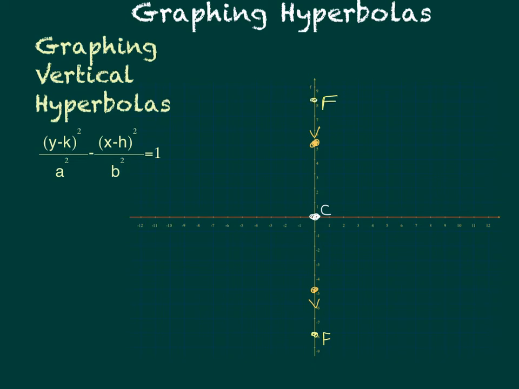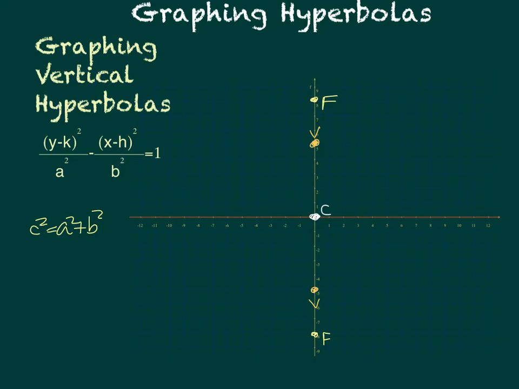I don't know exactly where they'll be, but you'll figure that out with regards to your c squared equals a squared plus b squared, same as it was on the other one. And then the next thing we want to do is find our b, because if we can find our b, then we can easily graph our asymptotes and then make an exact graph of the hyperbola.